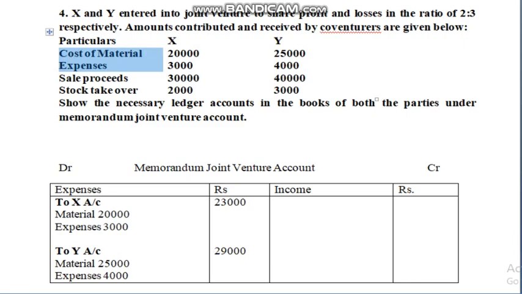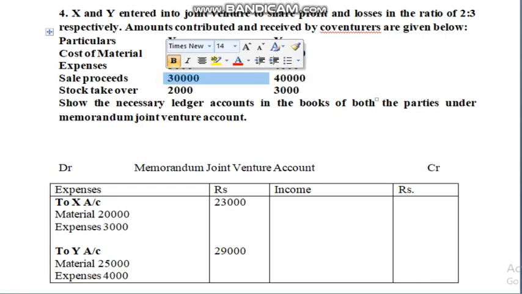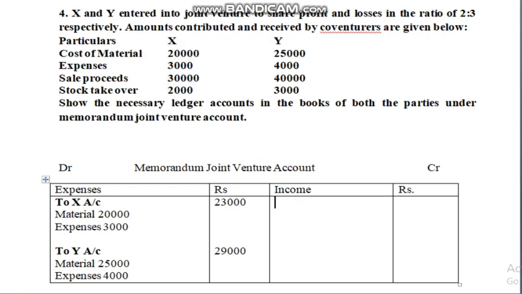The next transaction, sale proceeds. Sale is always an income for a business, so record it on the income side. 30,000 worth of goods sold by Mr. X, so by X account. This is the sales transaction. Sale, how much? 30,000.